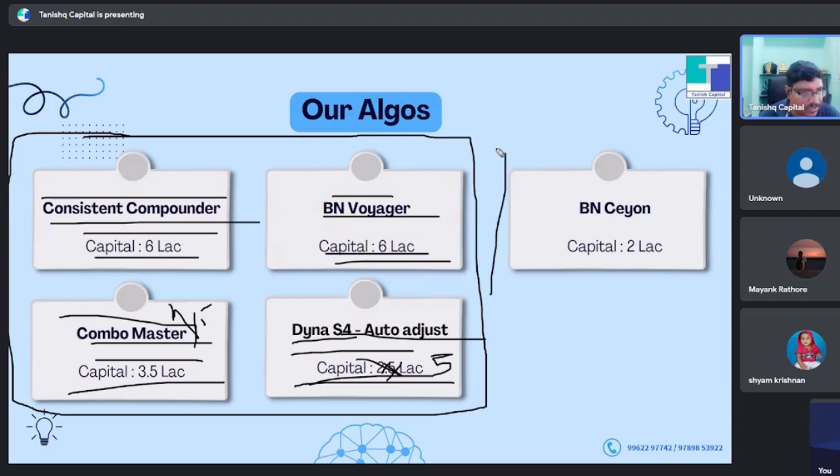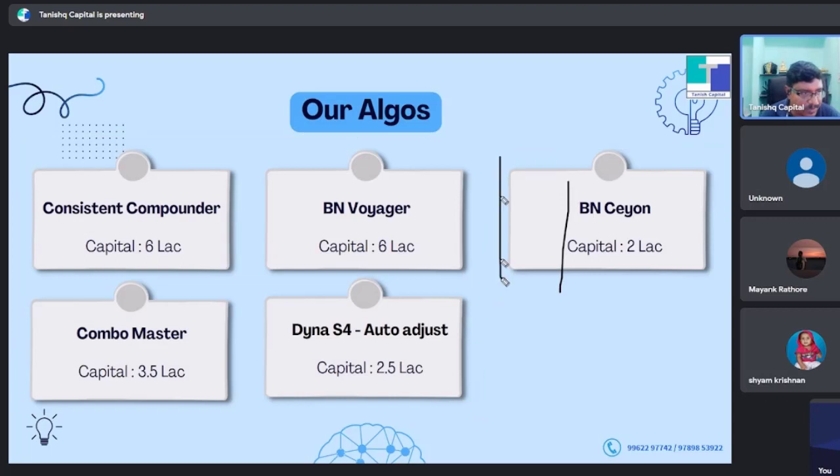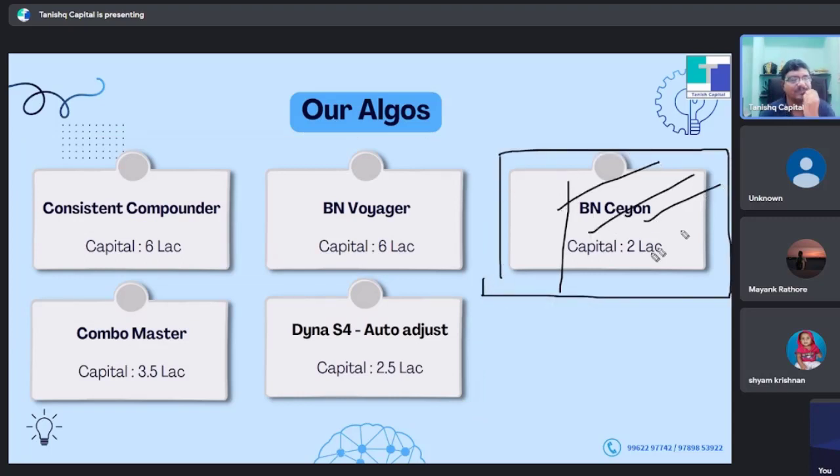And if somebody is looking for small capital, we have already seen what Bank Nifty C is on the backtest report, and I will also show the real test. So this is my algo, whatever I'm doing right now. For some people who have somewhat lesser capital, you can better use this.